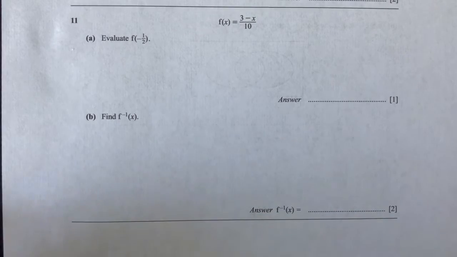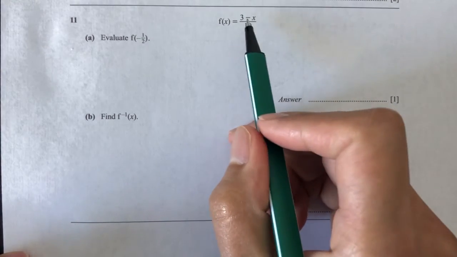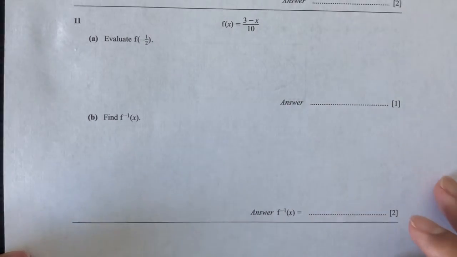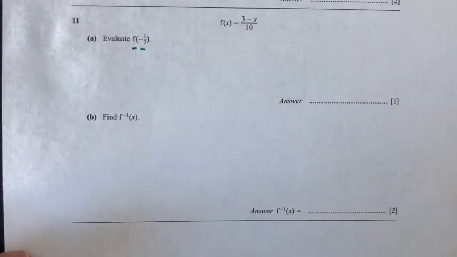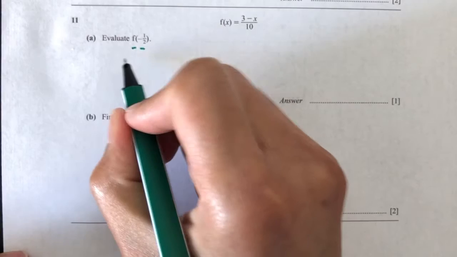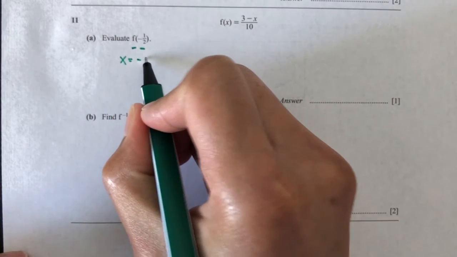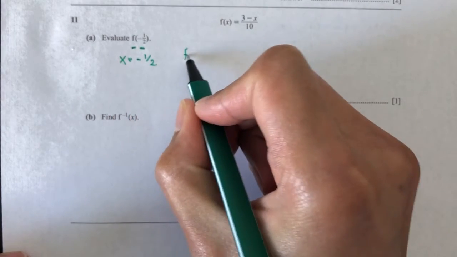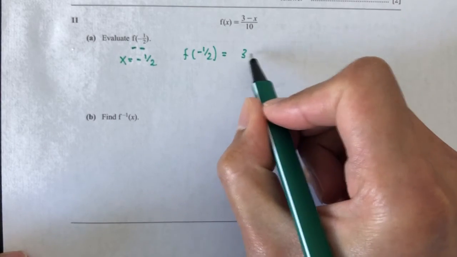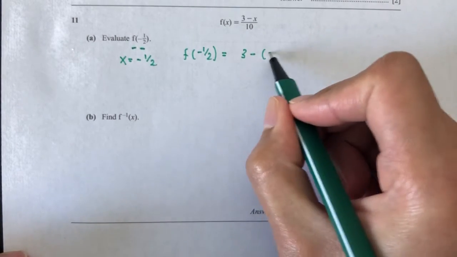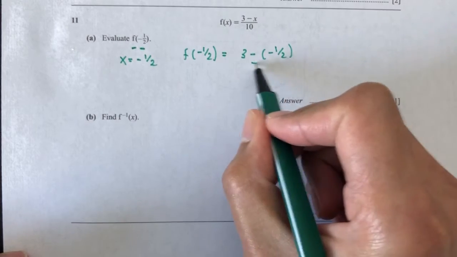Now is question 11. We have a function f of x is equal to 3 minus x divided by 10. Okay, so find the function f of minus half, which means we have to replace the value of x by minus half. So f of minus half is equal to 3 minus, x is minus half, divided by 10.